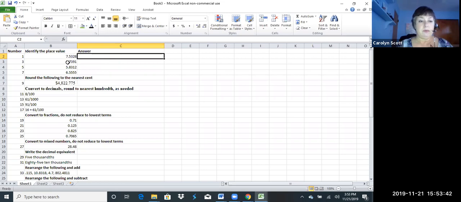As you may remember in your book, when we look at the place value, we view the decimal as the middle.